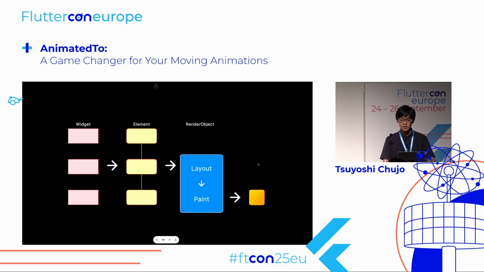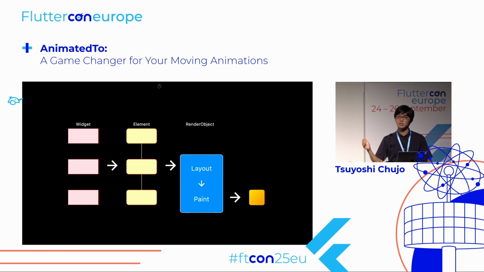So that is the flow from building a widget to it being rendered. But the problem here is that we cannot insert an operation between layouting and painting. What we want to do is, once the layout is done and we can detect the position of the updated widget, start the animation from the previous position to the new position.